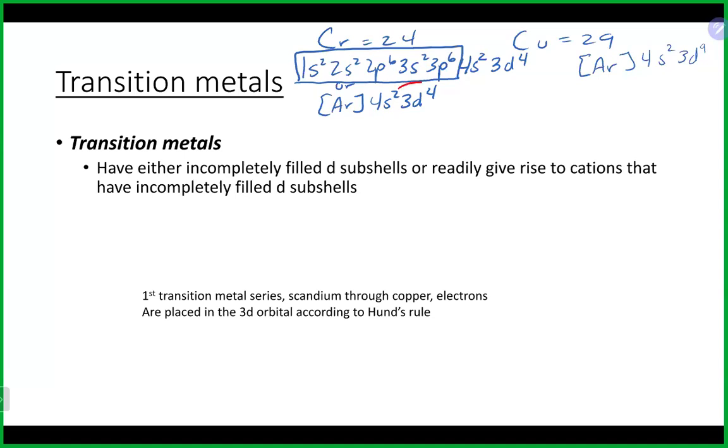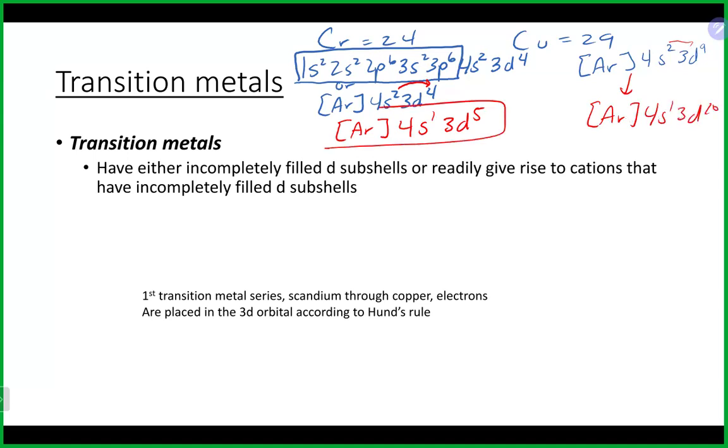So the exception is actually like that. One of those electrons is actually up there. So the correct configuration for chromium would be argon 4s1 3d5. And the correct one for copper would be argon, also 4s1 3d10. And these are the exceptions that you should know for chromium and copper.